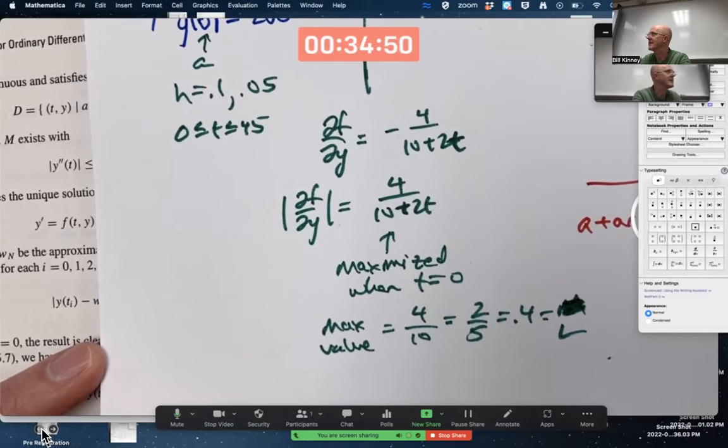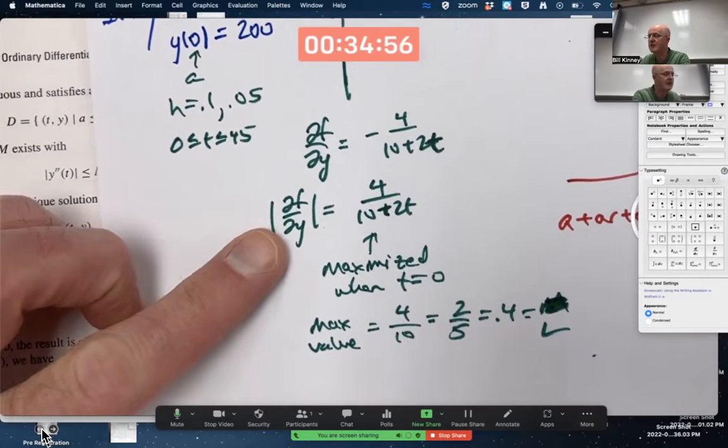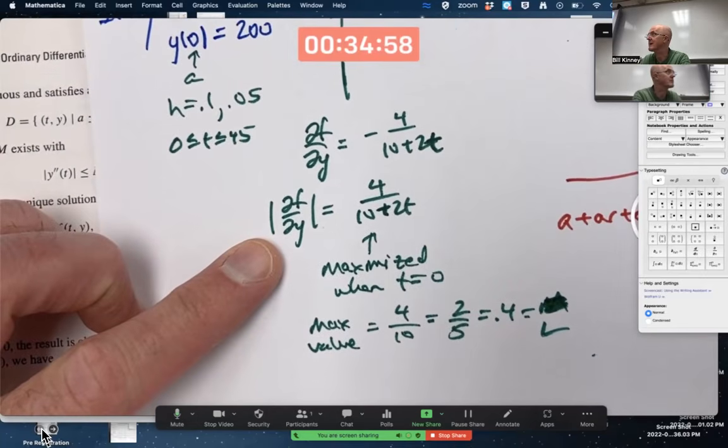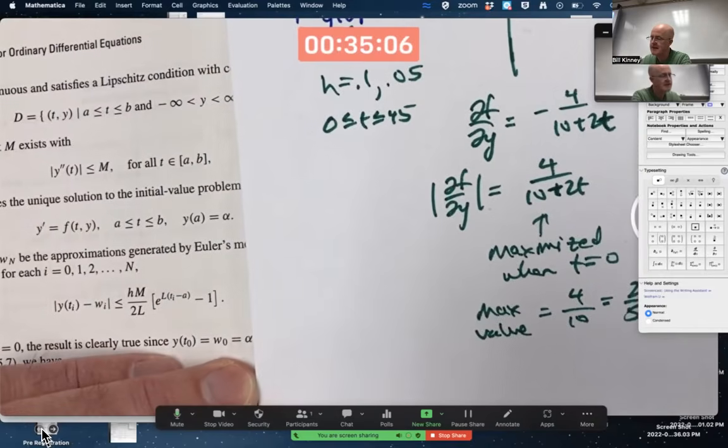All right, you can look back in the definition of the Lipschitz constant, and also there's a theorem that says if you can bound the absolute value of the partial derivative of f with respect to y, then you can use that number as a Lipschitz constant. That's the L, 0.4. What's the M?